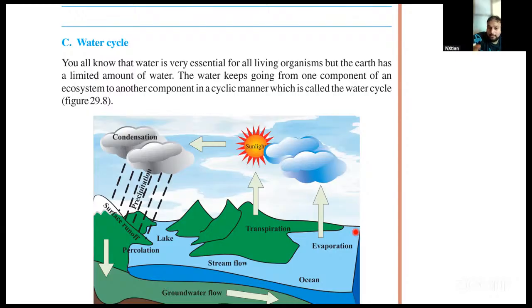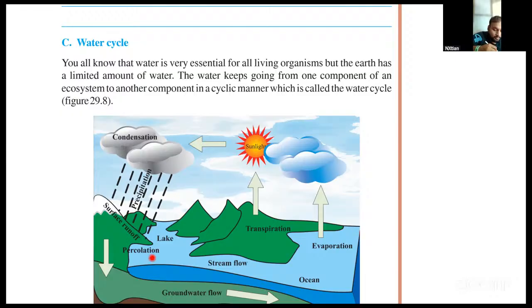Condensation is the conversion of water vapor into cloud when the temperature cools down. It is also correct. Precipitation is when the cloud is too heavy and not able to hold the water, and the water comes back down to the earth in the form of rain. This is called precipitation.